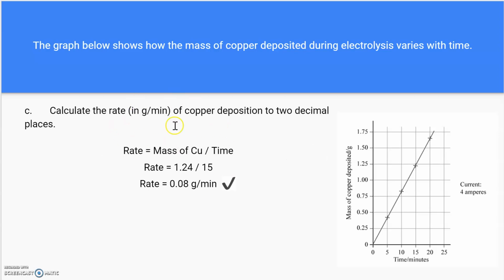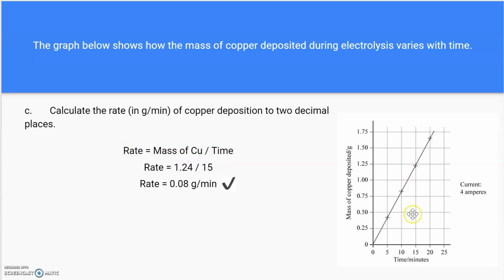Part C asks us to calculate the rate in grams per minute of copper deposition to 2 decimal places. Now, for this, we must note that the rate of copper deposition will be the mass deposited divided by the time it took.